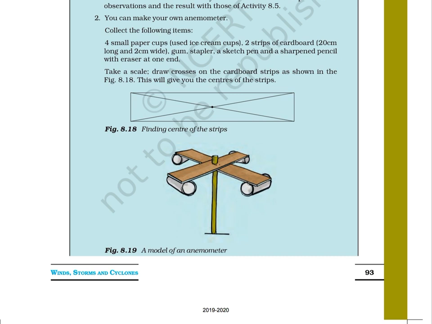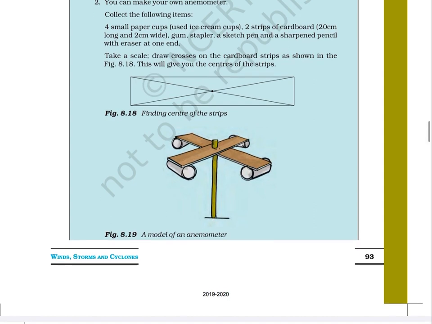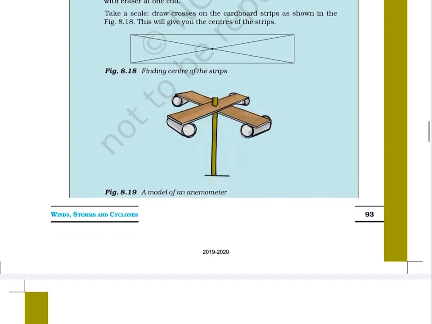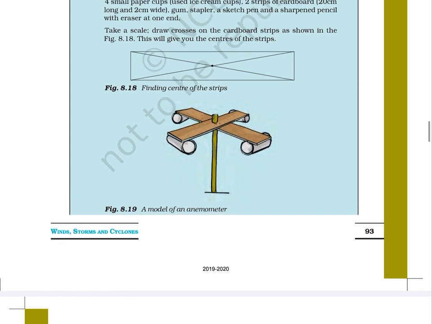Figure 8.19. A model of an anemometer. In this figure, we can observe a pencil passing through 2 strips with cups attached on both the ends, such that the cups all face the same direction and the strips can move freely. Page 94.